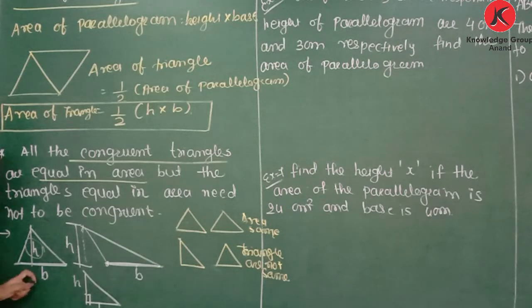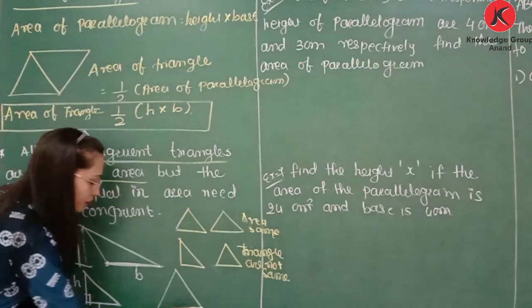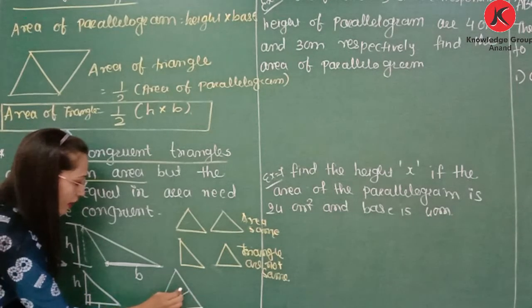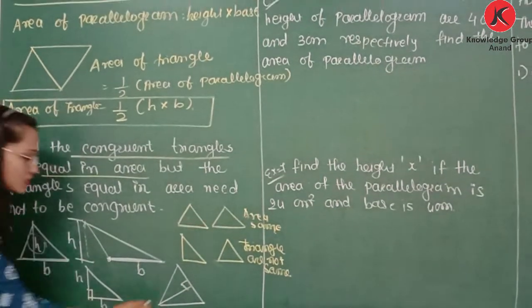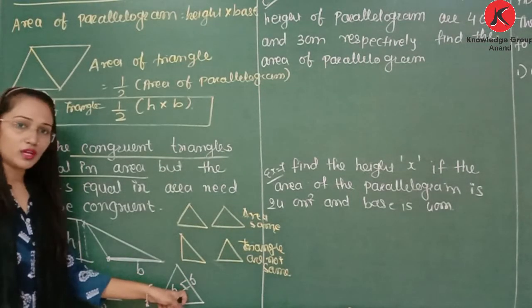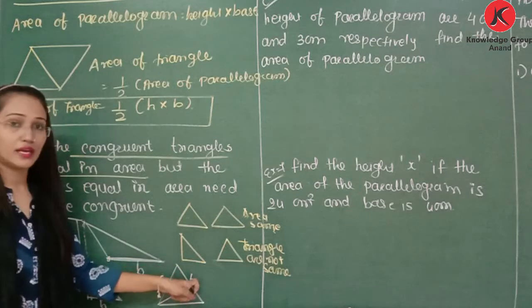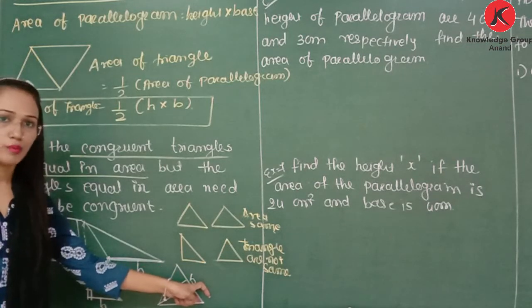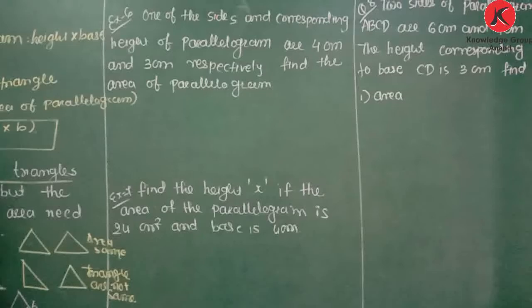So if you consider this triangle, for example, and this is the height, then which base will be considered? This will be the base. The side that makes a perpendicular distance with the height, that opposite side becomes the base.